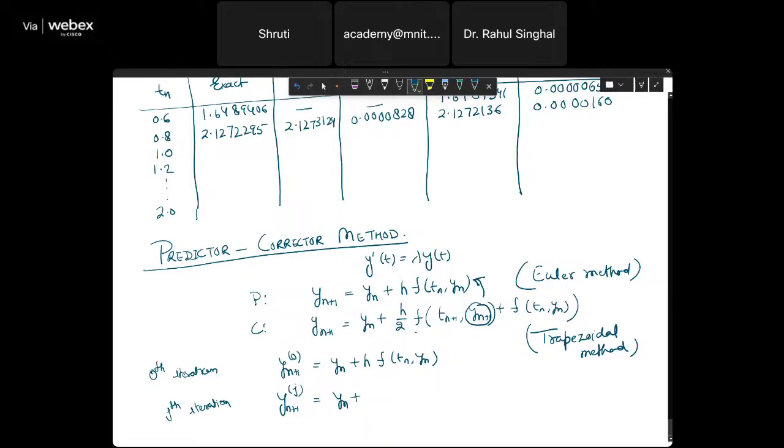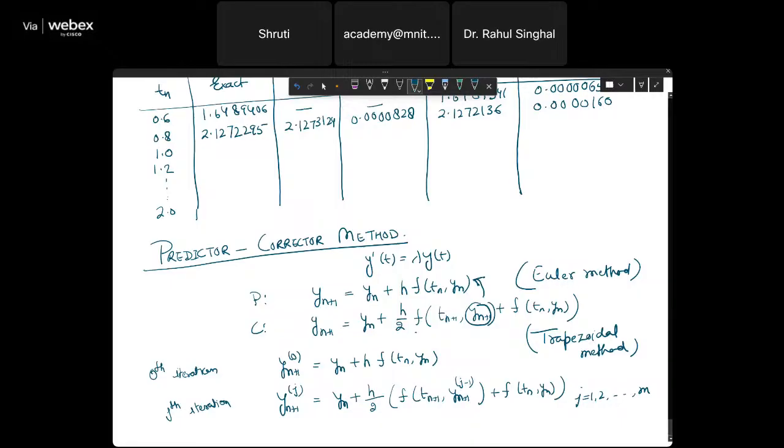So it comes out as yn plus h by 2 of f at tn plus 1, yn plus 1 (the j minus 1th iteration), plus f at tn, yn. Here j will be 1, 2 and so on, up to m, if you do m iterations of the implicit method.